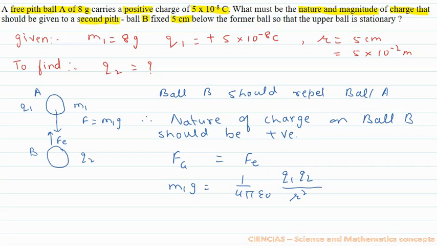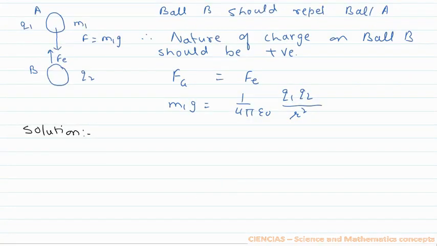Now we see the solution for this question. Solution. M1 given to us is 8 gram, so 8 into 10 the power minus 3 kilogram.